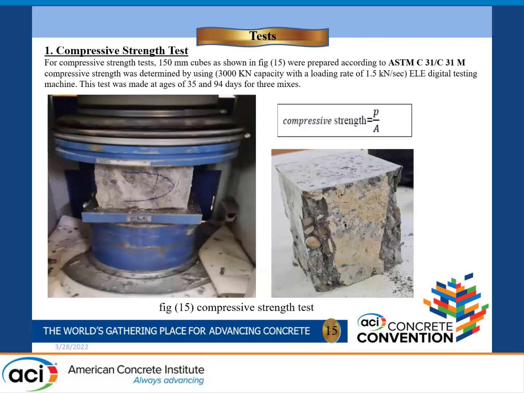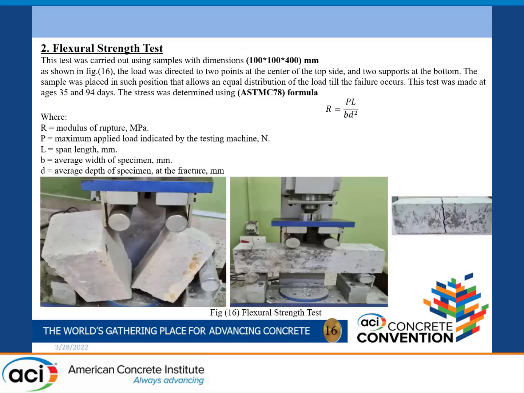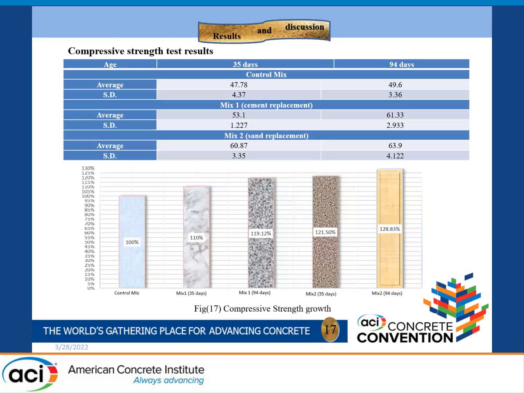The tests we did are the compressive strength and the flexural strength. The compressive strength for the control mix at 35 days and 94 days gave us 47.78 and 49.6.